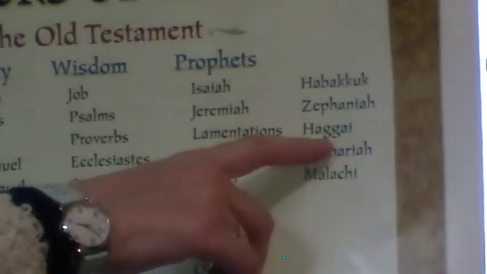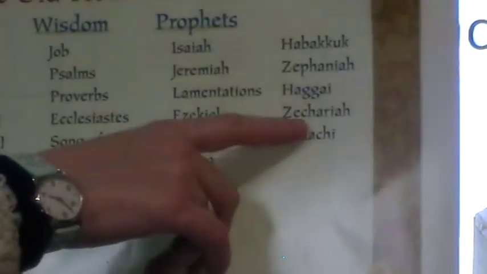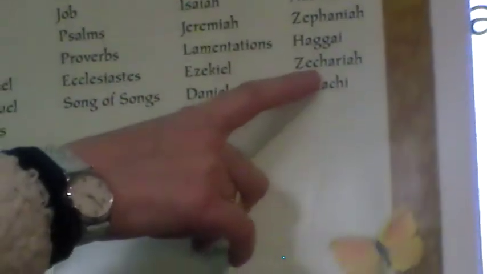Next we had Zephaniah with his jacket, Haggai with Snoopy and Woodstock hugging, and Zechariah was our bag of rye. And then we're done, Malachi. All right, so really the big thing to remember is just what order they go into, okay? So remember you're at home plate, then you're at first base, then first and second base, then second to third.